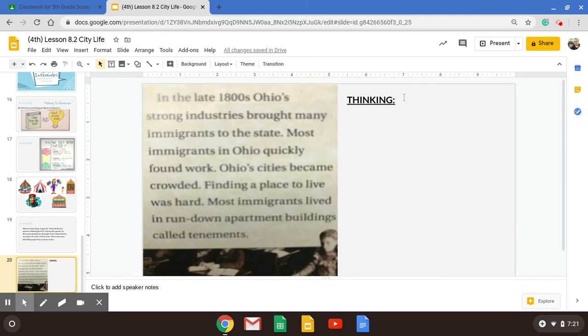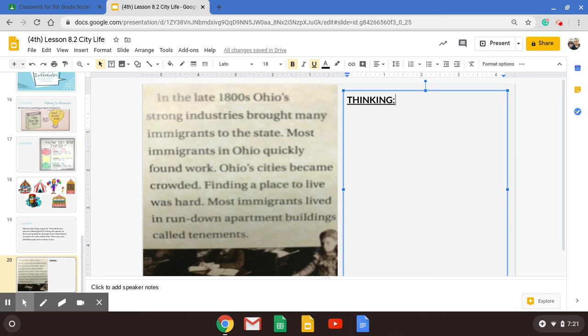All right, so let's try it again. So I want us to make an inference on why immigrants had to live in tenement houses. Okay, so let's look. In the late 1800s, Ohio's strong industries brought many immigrants to the state.